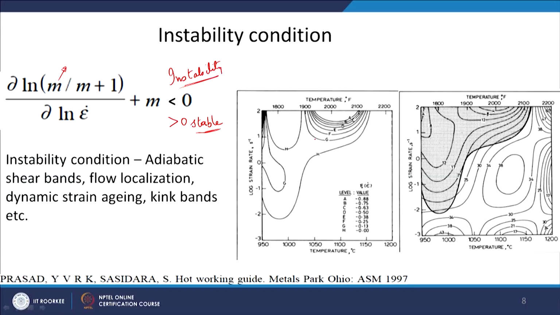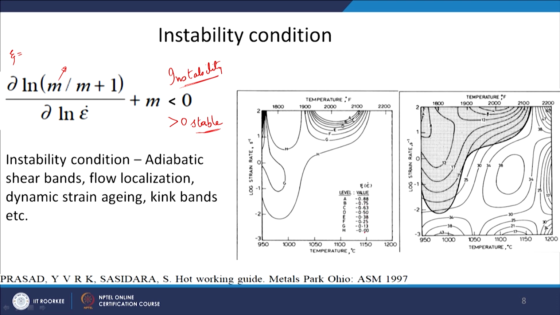So, this particular criterion can be used to identify the unstable region. For example, in this figure there are some contours shown, A, B, C, D up to H. If you see the zeta values, I have not included that here, but this should be zeta, these are all negative: 0.88, 0.7, 0.63 and so on.